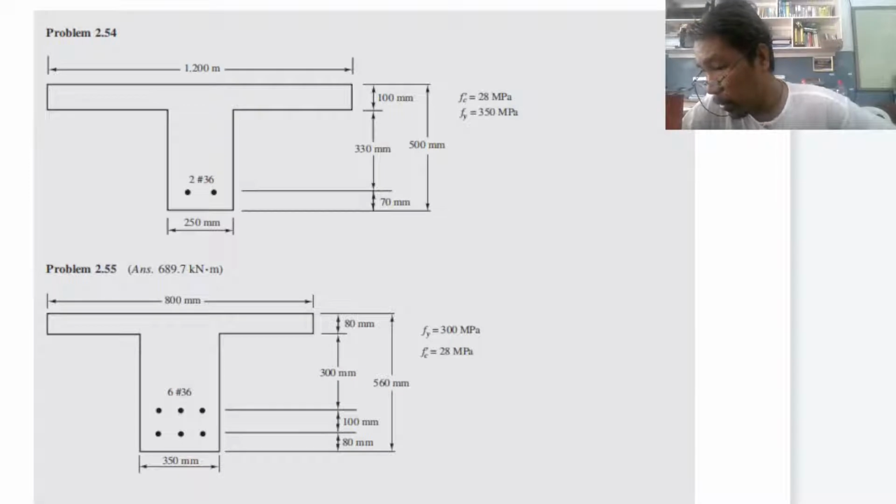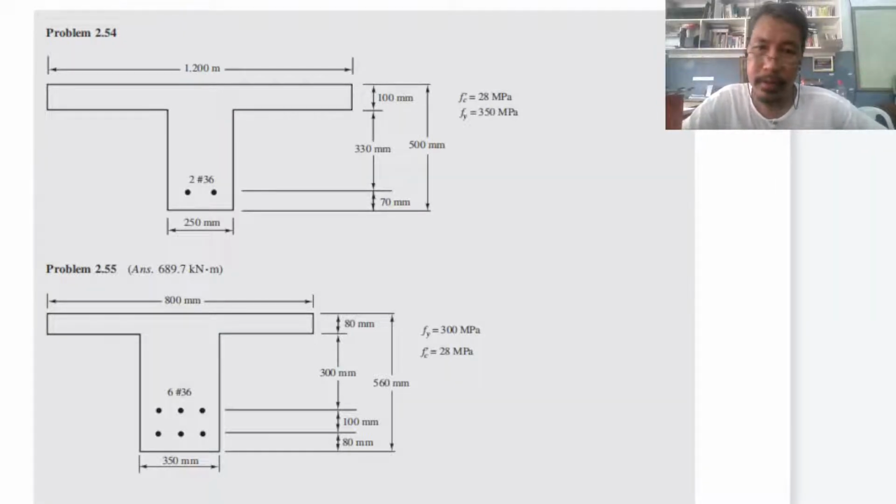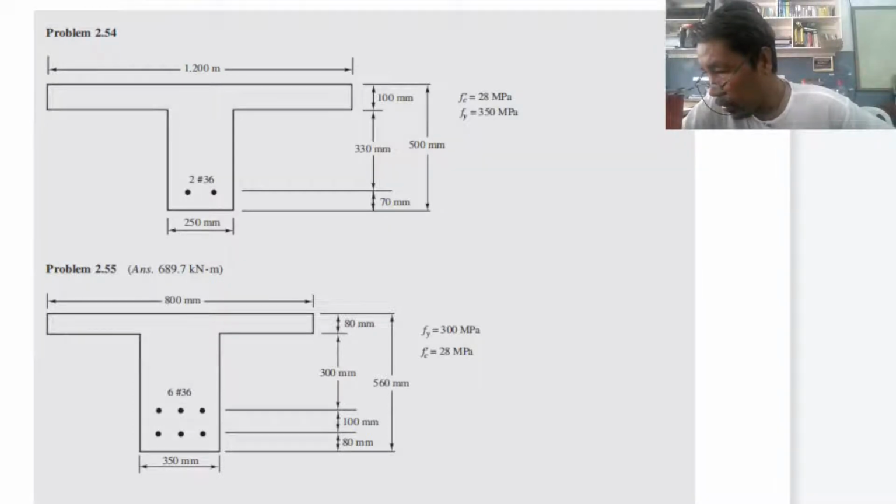So therefore, we can replicate here like this. Let us say that this is Cf and this is Cw. And therefore we can determine immediately what is this and what is this.